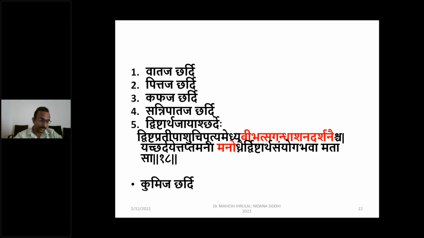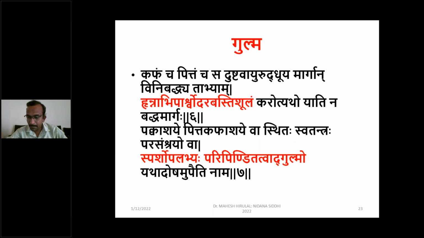And we have the Krumija Chardi. In the next slides, when we see the Krumi, we'll see about the Krumija Chardi also. The Gulma is a very important understanding in relation with the Annavaha Srotas and the Koshta in total. The person will be having Runnabi Parshvo Bastir Shulaha.